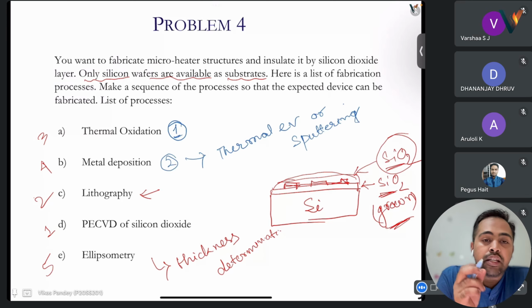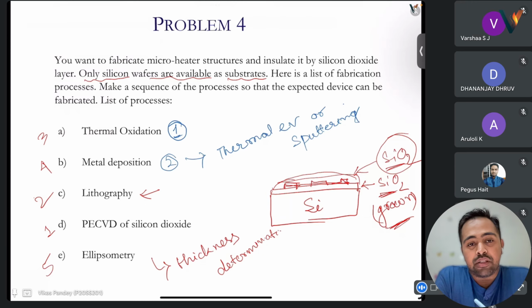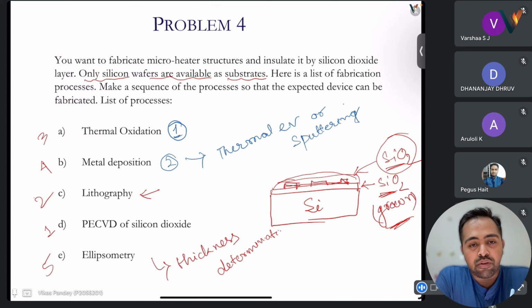So wherever patterning is there, we will use lithography. Lithography is one of the very important steps in all the processes, because sometimes we have to do multiple layers of lithography, and it is a very sophisticated process also.